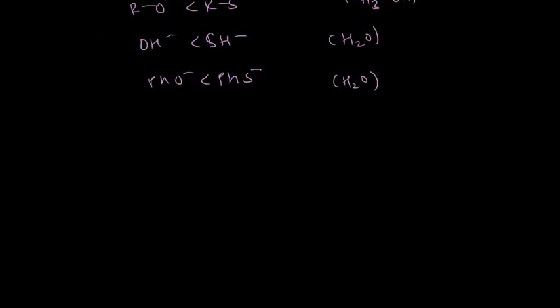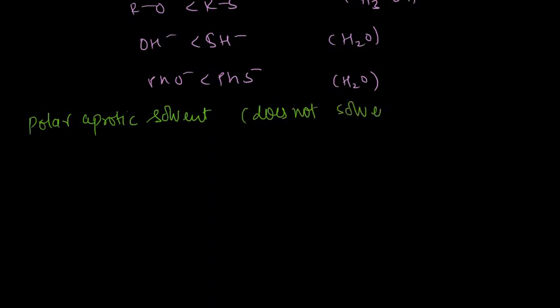When we use a polar aprotic solvent, it doesn't solvate the anion actually. We have seen this already in the previous video. It doesn't solvate the anion. So fluorine is greater than chlorine, then bromine, then iodine.